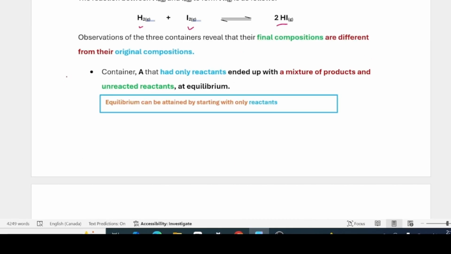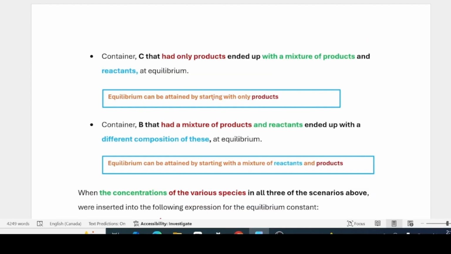These here are some summary statements that relate to the illustrations above. Container A had only reactants and ended up with a mixture of products and unreacted reactants. So we're saying that an equilibrium can be attained by starting with only reactants. Container C had only products and ended up with a mixture of products and reactants at equilibrium.